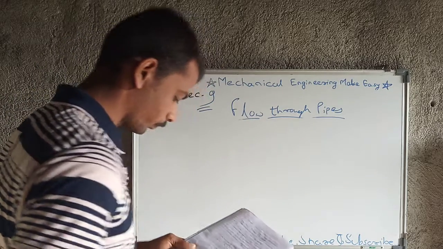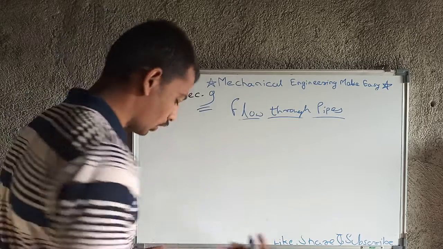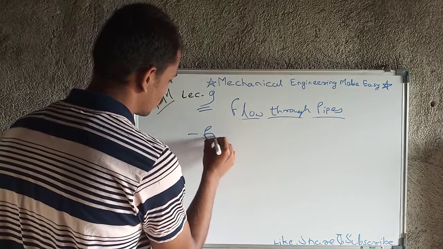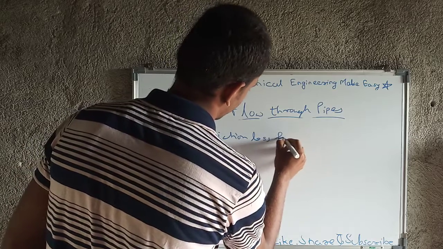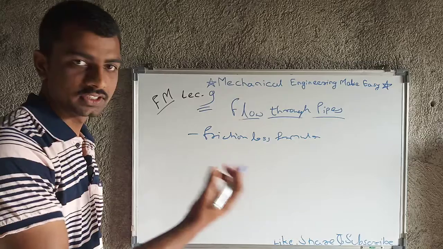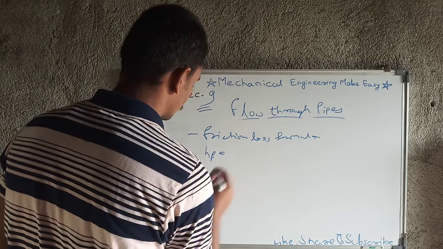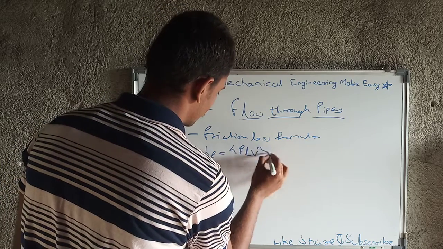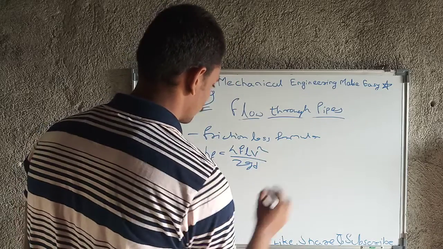So these are all the minor losses I have covered. Now I will move on to the friction loss formula in more depth. What was that? The Darcy-Weisbach equation, which is HF equal to 4FLV square upon 2GD, where f is the coefficient of friction.